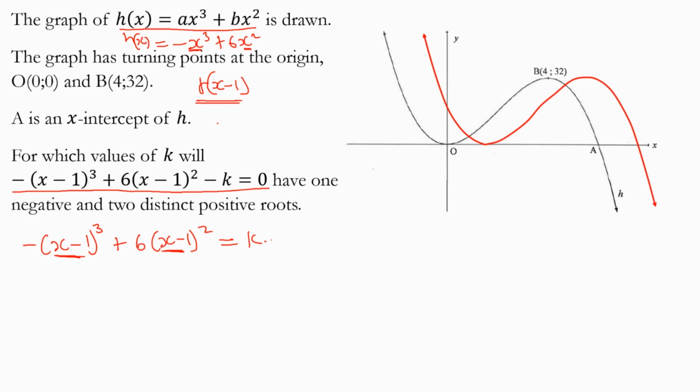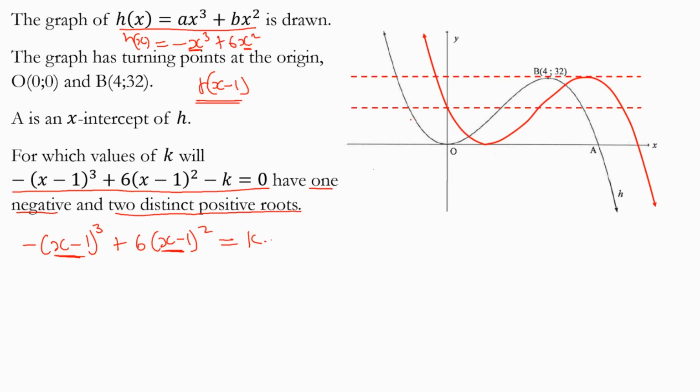Now, we want a situation where we have 1 negative and 2 distinct positive roots. So it means this should happen between these two lines.